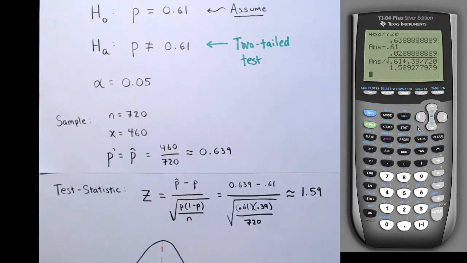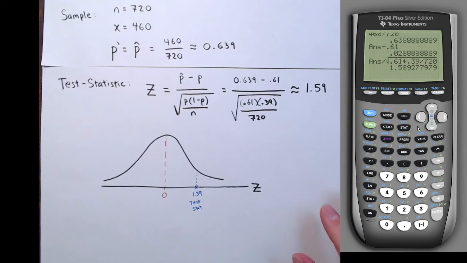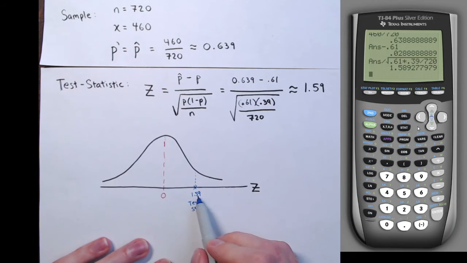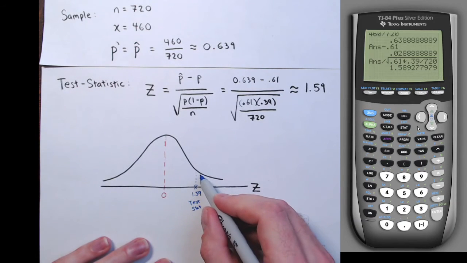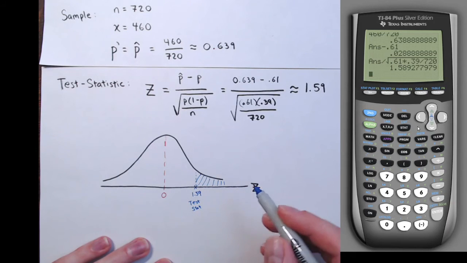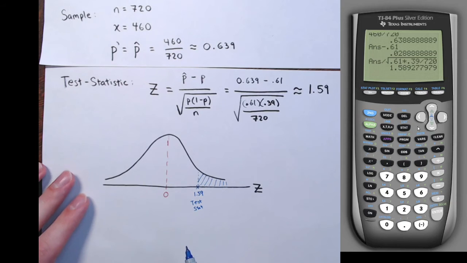meaning that to find the p-value, I can do one of two things. To find the p-value for this test statistic, I notice that it's on the right side of the center. So what I could do is take the area to the right and then double it, because it's got to be two-tailed.